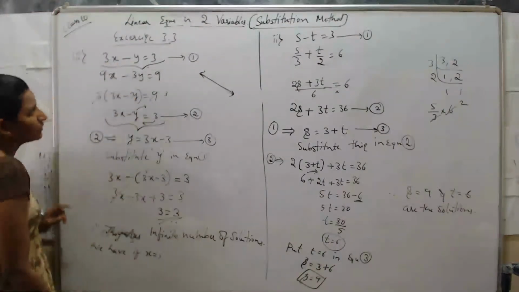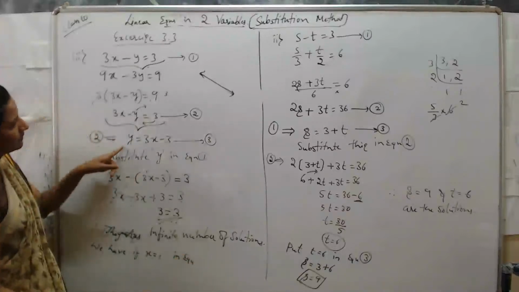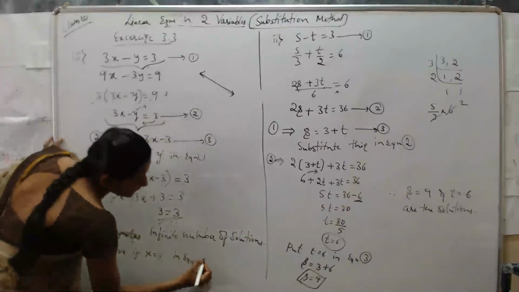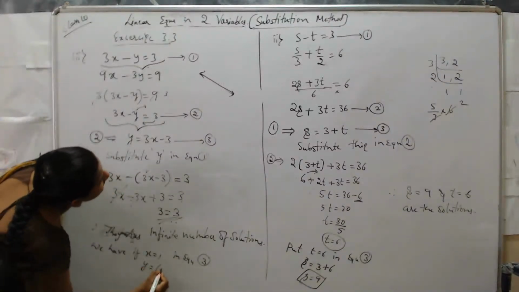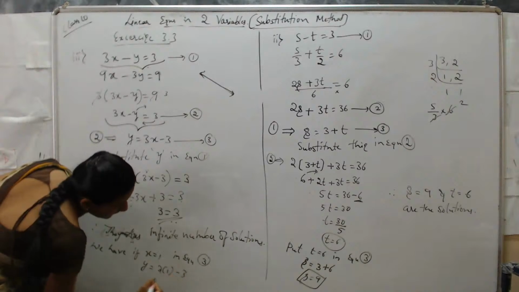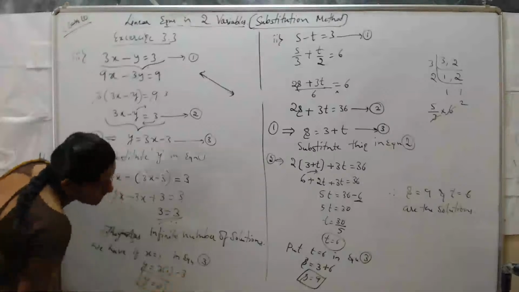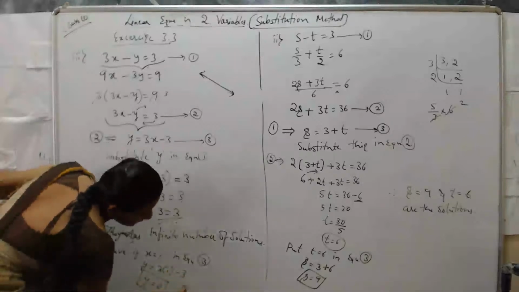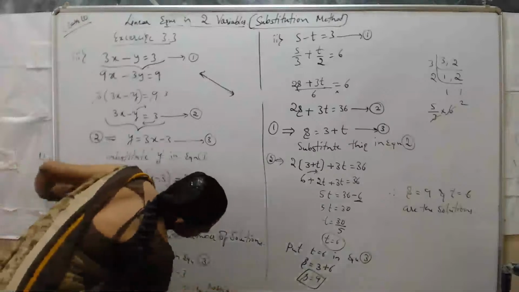If x is equal to 1 in equation 3, which is easy, y is equal to what happens? 3 into 1 minus 3. y is equal to 3 minus 3, get cancelled. y is equal to 0 is the possible solution.